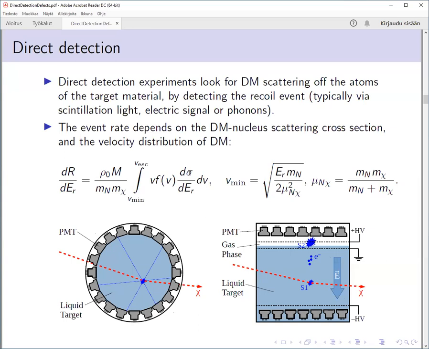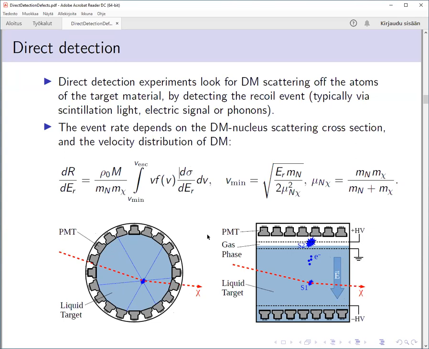And then the other part is the d sigma dE, which is the differential cross-section. So this is the particle physics input. Depending on what kind of a particle you have, if you have a Lagrangian for your model of dark matter, then you can compute this scattering cross-section from the nucleus, d sigma dE. And these two together give you the expected event rate for your model.